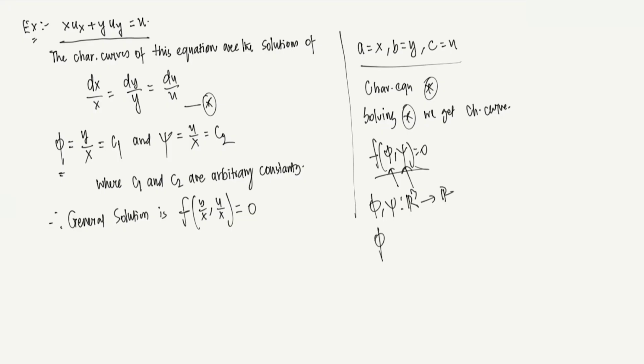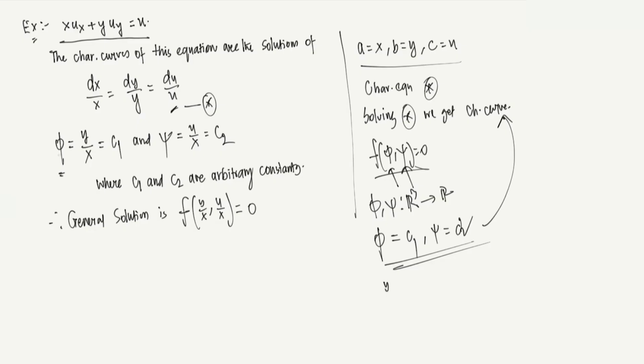Phi is constant and psi is also a constant, let's say C2, constant along what? These are not constant functions everywhere. These are constant only along the characteristic curves. So if you solve this star here, we get y by x equals to constant.